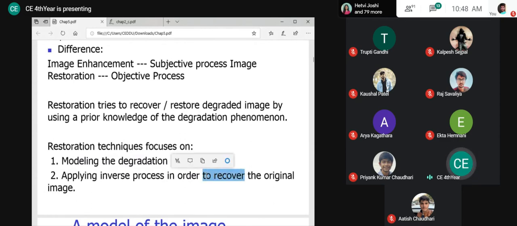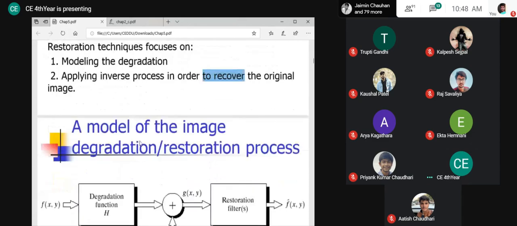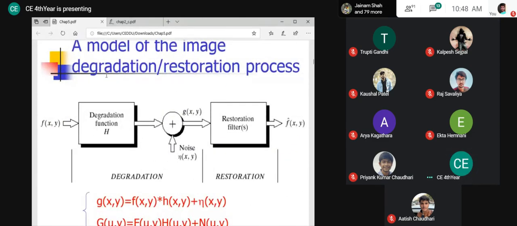So that is very basic logic. If you want to recover something, you have to simulate first how exactly it happened, and then you do the reverse process of that. That is the concept of restoration. So again, what we will do here, my original image will be there somewhere. It is degraded by some function, maybe because of focus, maybe because of motion, or maybe because of atmospheric effect.